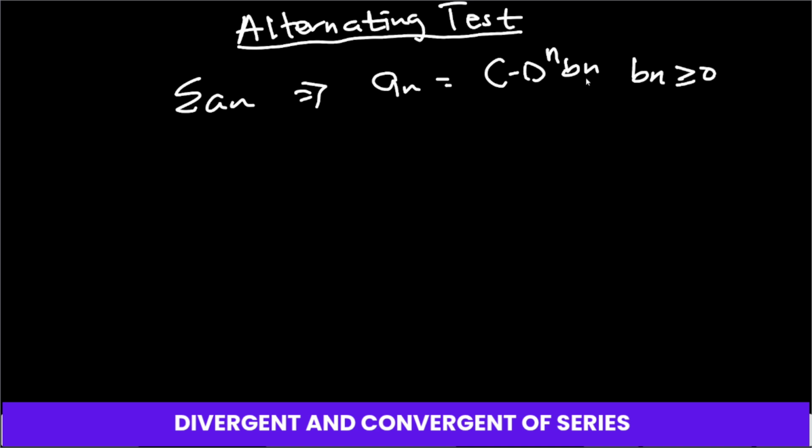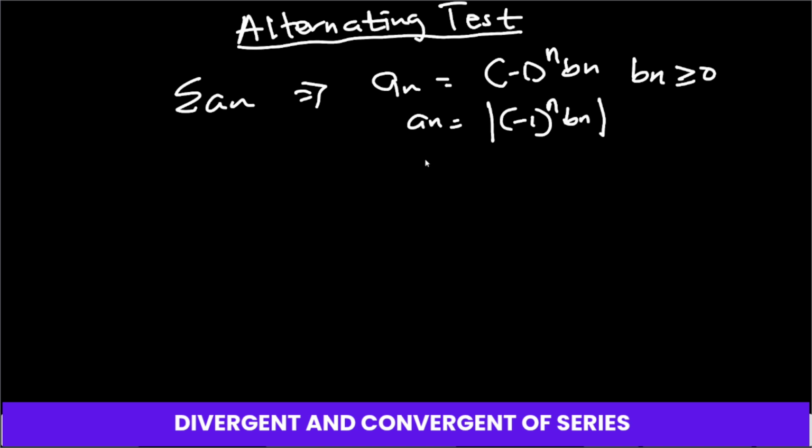In other words, bn is the absolute form of the function you see here. So when we take the absolute value of an, that is minus 1 exponent n of bn, that gives us bn.